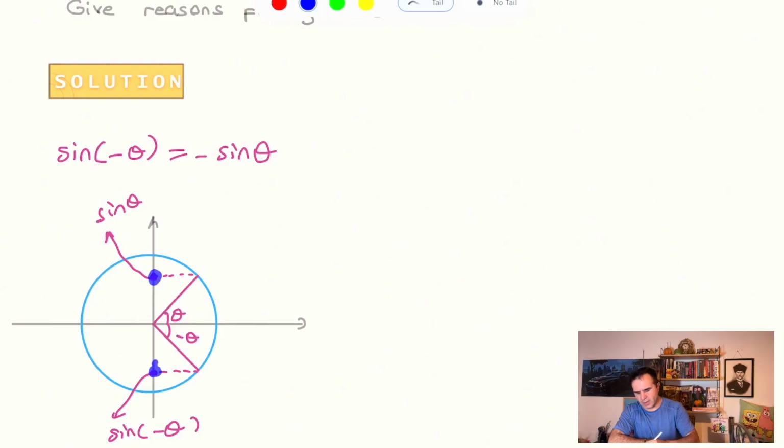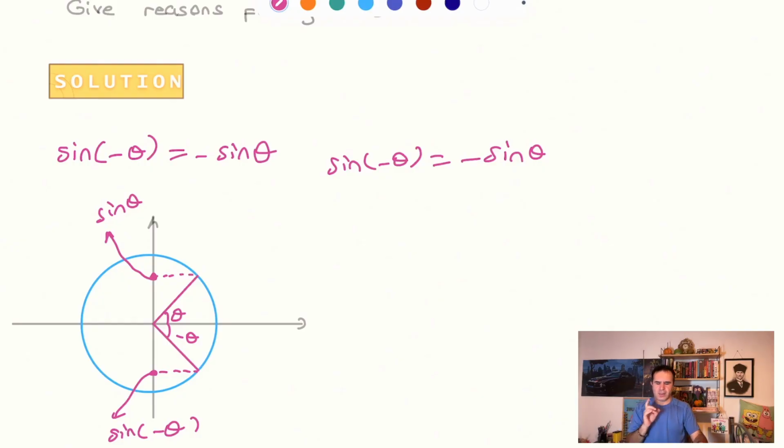So they have opposite signs. This means sine of minus theta equals minus sine theta. So this means sine is an odd function because for sine, f of minus x equals minus f of x.